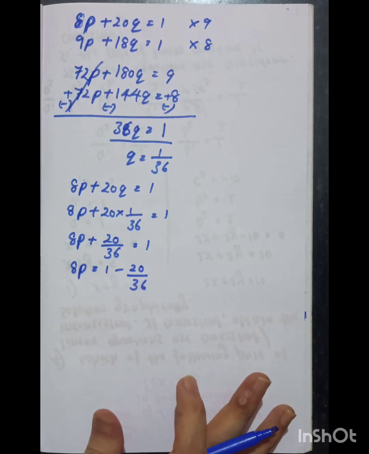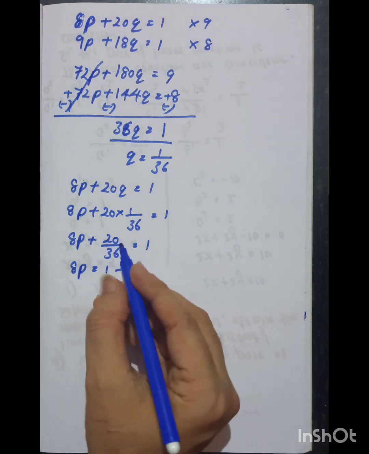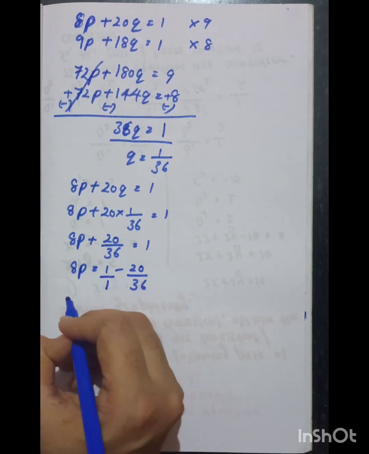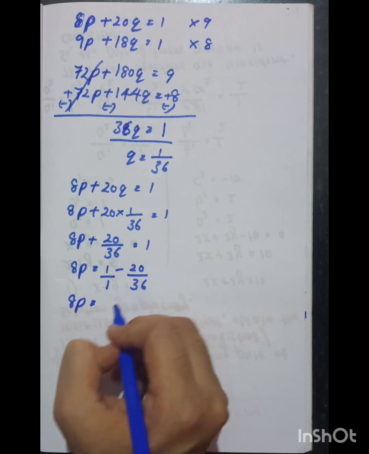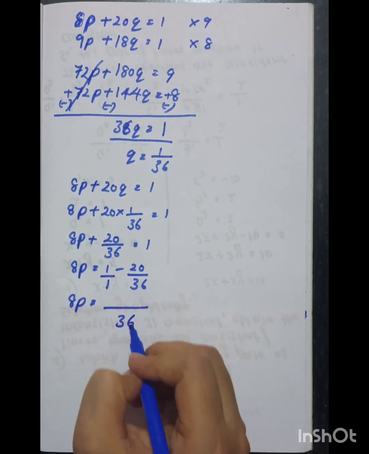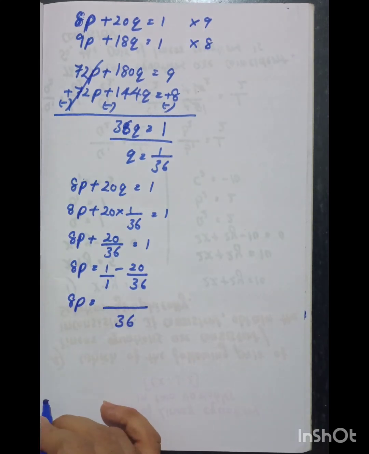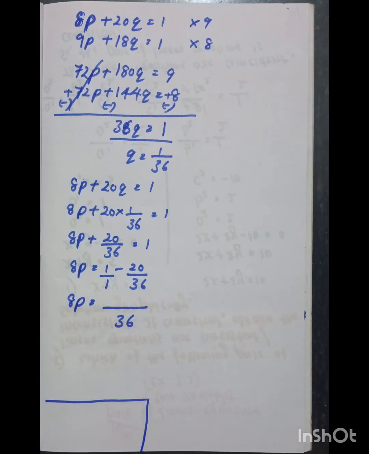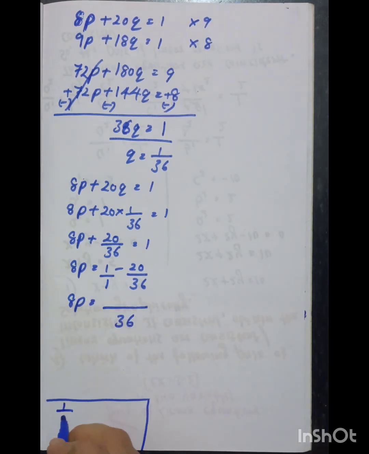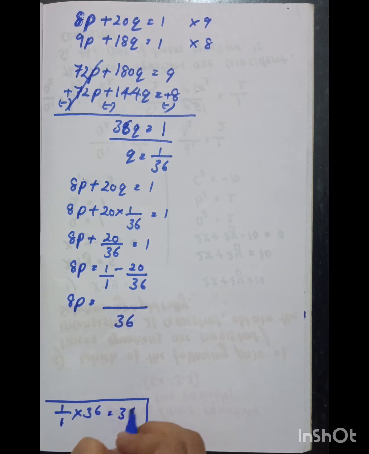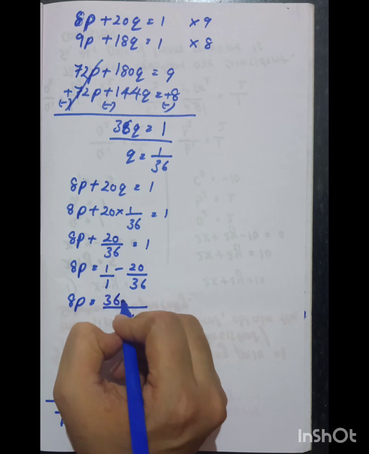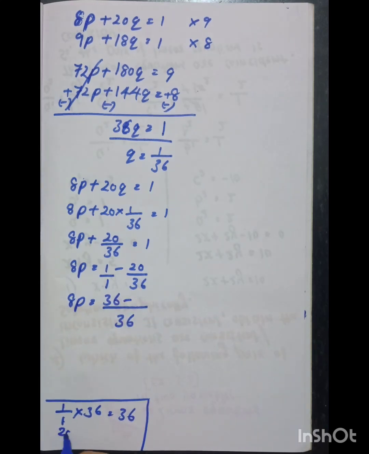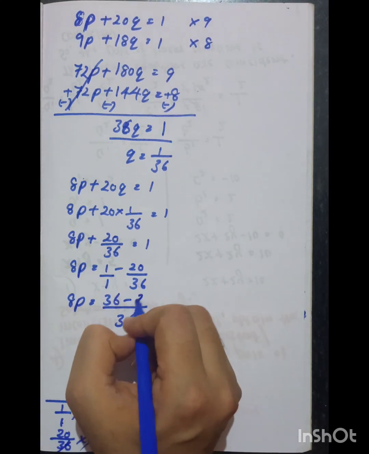Now let's take the LCM for this. For the LCM purpose you can take 1 here, 8p, and LCM for 1 and 36 is 36. I will do this here. First write 1 by 1 into 36, ignore the denominator 1, 36 ones are 36, minus now the second one, 20 by 36 into 36, 36 get cancelled, what remains? 20.